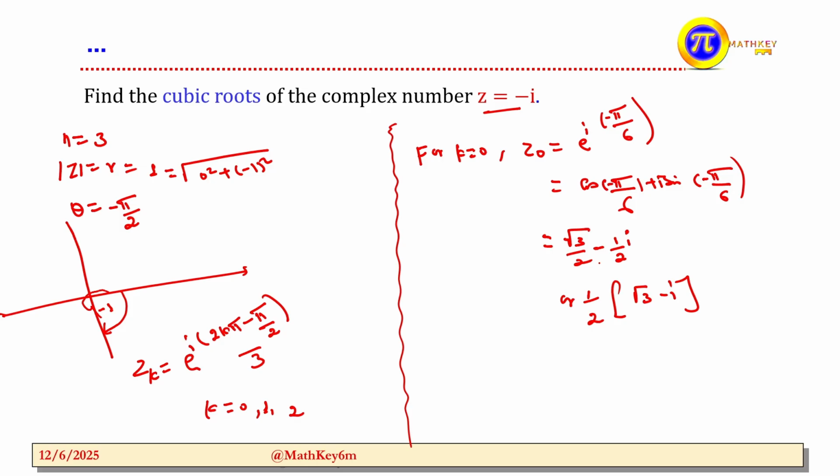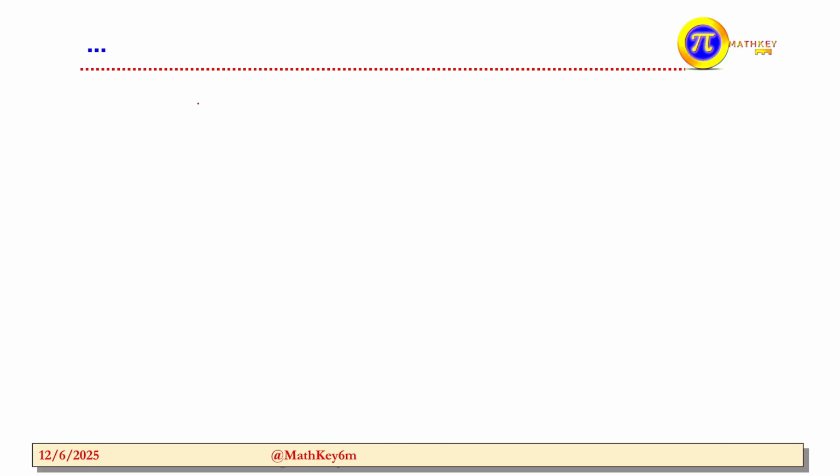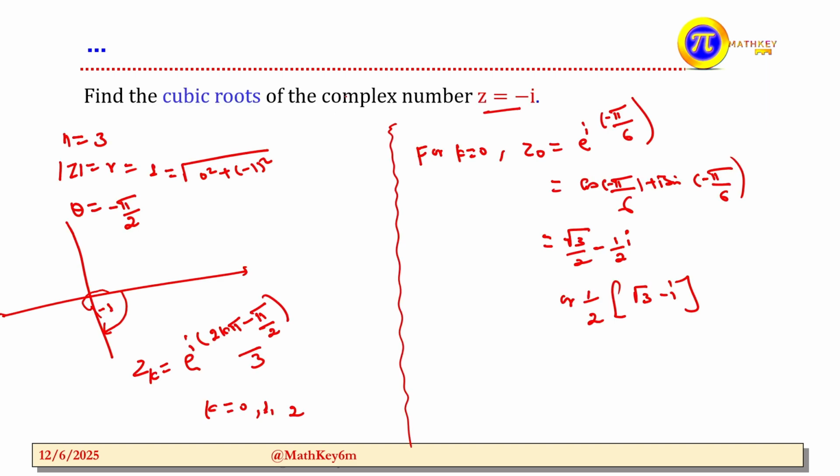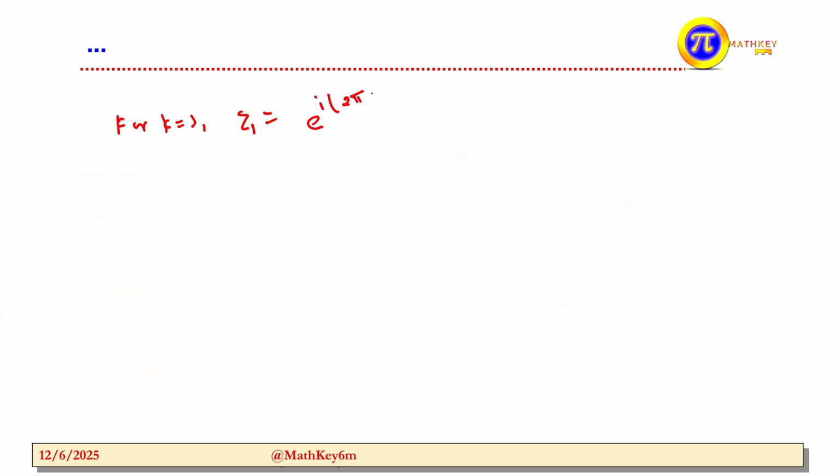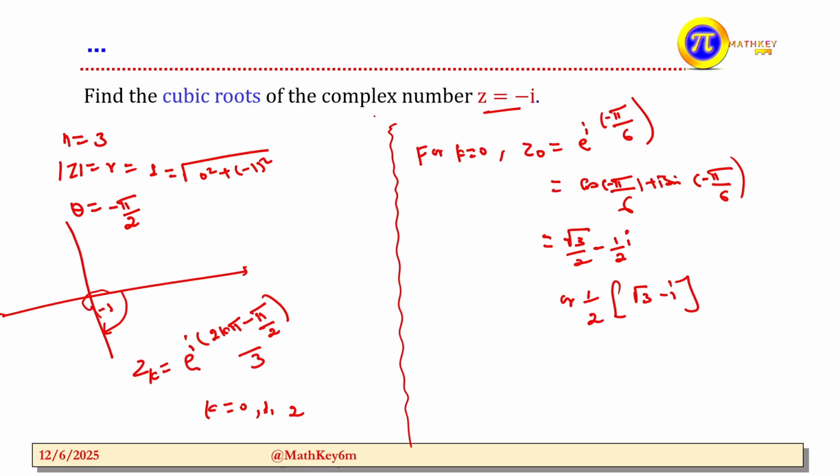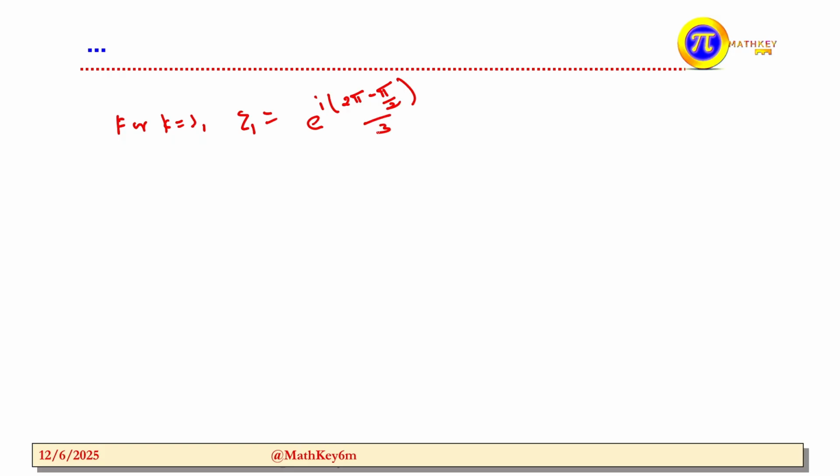The next one: that means k equals 1. Here z1 equals e to the power of i times (2k pi minus pi over 2) over 3. That means it becomes 2 times 1 times pi, that is 2 pi, 2 pi minus pi over 2, over 3, since it is a cube root, which equals e to the power of i times 4 pi minus pi, 3 pi over 2, divided by 3, which becomes pi over 2.